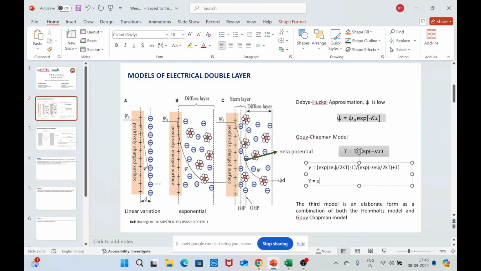So you can write this as exponential 2x minus 1 divided by exponential 2x plus 1, or minus 2x plus 1.